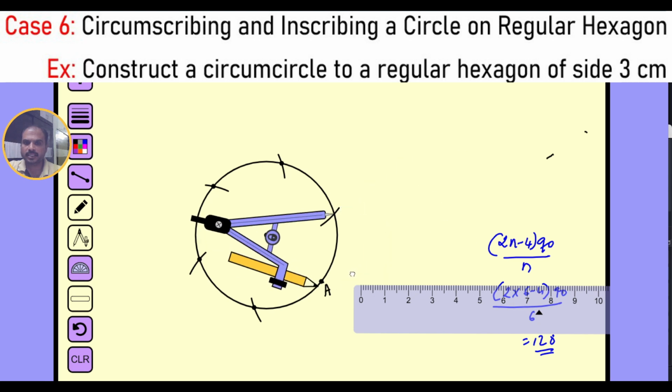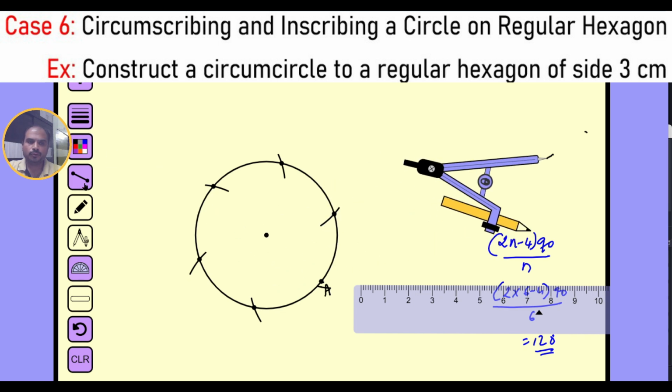The last one should exactly go through this point, it should actually pass through A. So now you are going to join these lines. Look at this, these are nothing but the sides of the hexagon. Make sure that you don't get a slant hexagon. This is the hexagon.